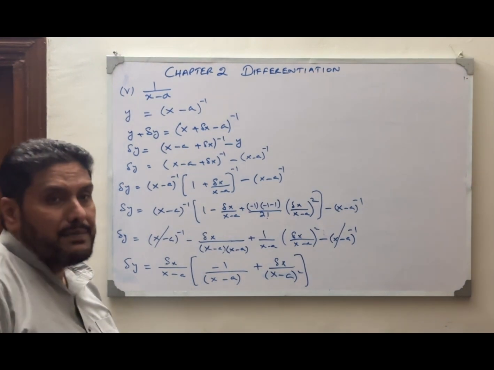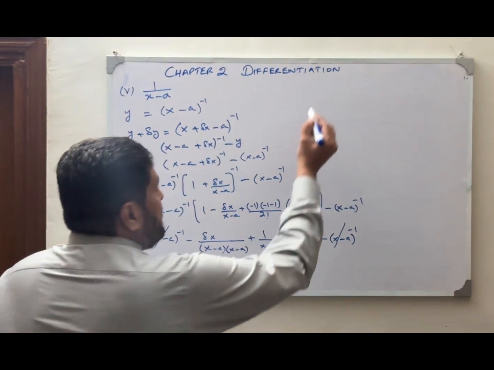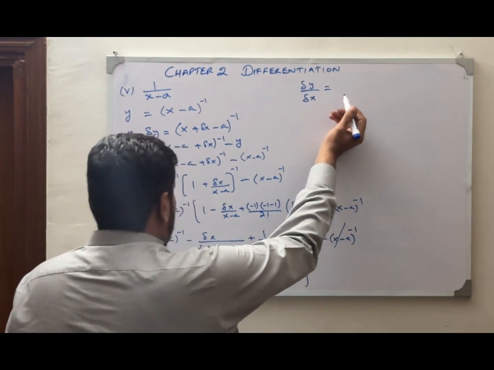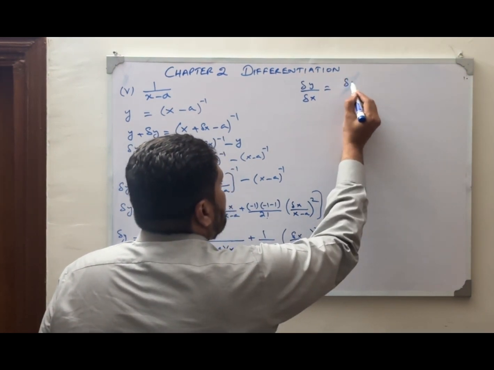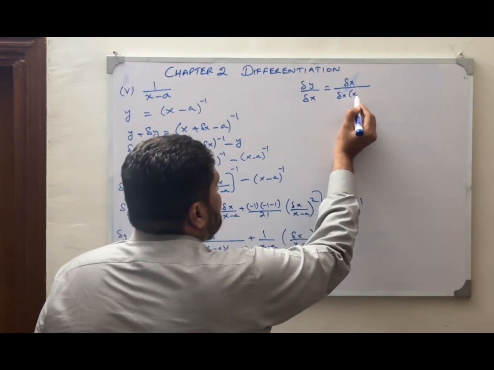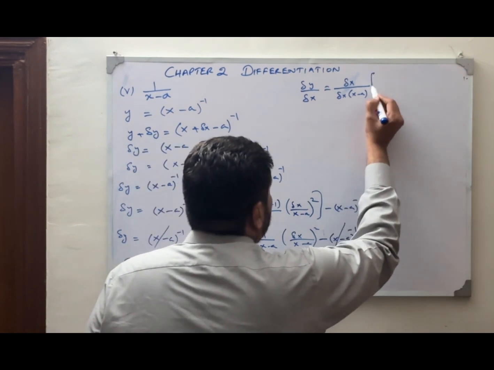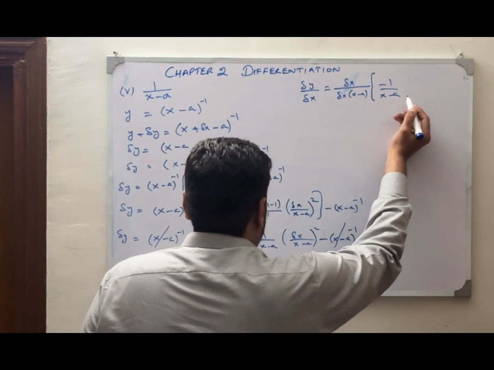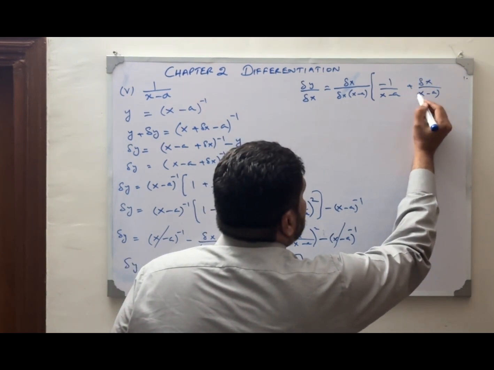Now in the third step we have to divide both sides by delta x. So now delta y by delta x is equal to delta x by delta x into x minus a, and whole multiplied by minus 1 over x minus a plus delta x by x minus a whole square.